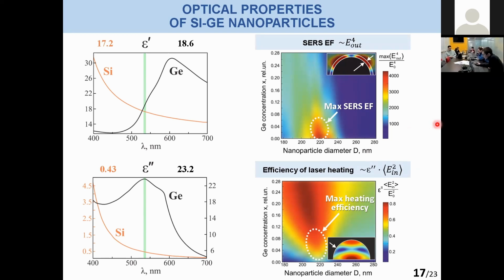And at higher germanium concentrations, the efficiency of laser-induced heating increases due to high ohmic losses. These losses reduce the Q factors of high-order Mie modes, which leads to a shift of maximum heating efficiency to diameters of about 200 nanometers, where electric dipole resonance is excited.